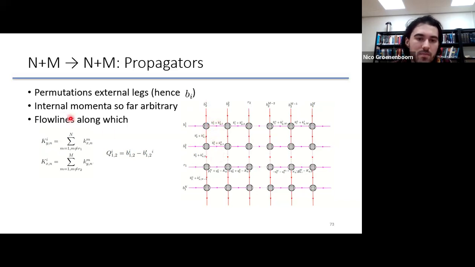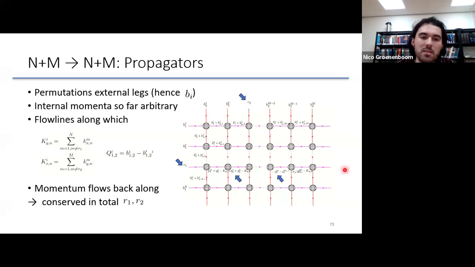And along these flow lines, we also make similar definitions where the capital K is the sum of the gravitational momentum up to that point. And the capital Q is the momentum exchange between the permuted B's. So Q is just the permutation of the original momentum exchange.